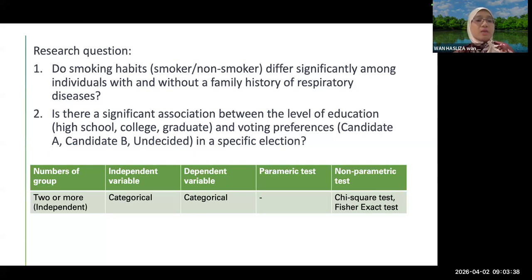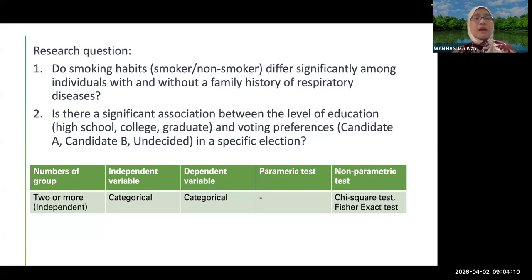So for chi-square test, if you have categorical versus categorical, and there is no intervention, no pre and post, you can apply chi-square test. If the assumption for chi-square test is not met, you have to choose Fisher exact test. So categorical is easy, because either two groups or more than two groups, you apply chi-square test.